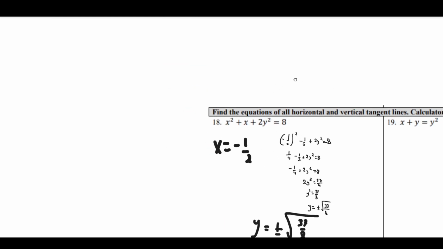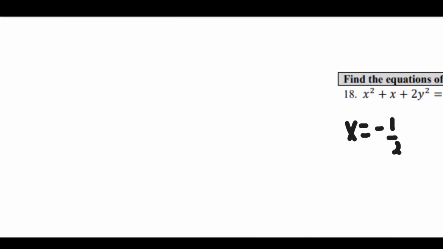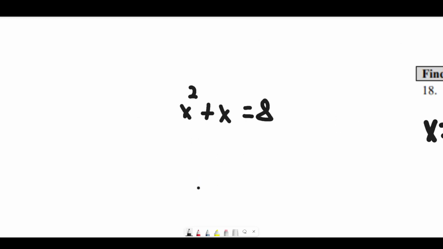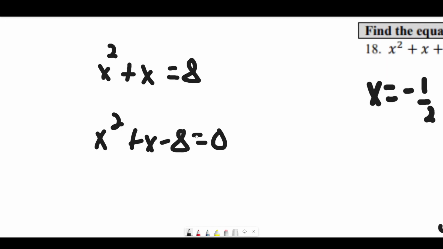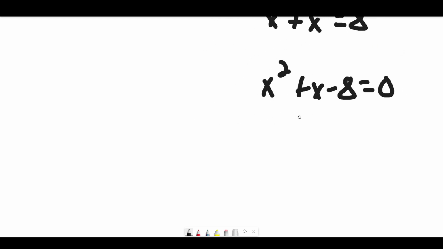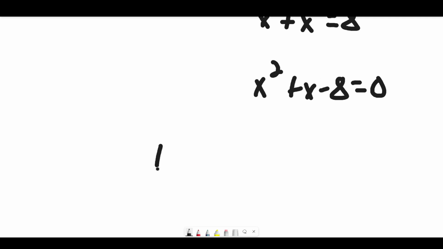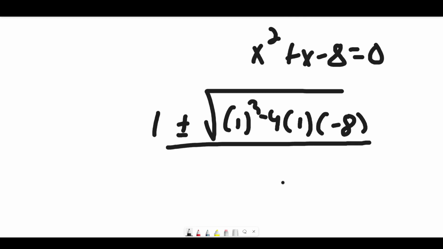So when we do that, all we're going to do is replace y with 0 and solve for x. So I'm going to do that off the side over here. I wrote my equation down, and I'm just going to subtract 8 from the left side. And this isn't factorable, so I'm going to have to use the quadratic formula. If you forgot your quadratic formula, it's just negative b plus or minus the square root of b squared minus 4ac, all over 2a. So this is going to be 1 plus or minus the square root of 1 squared minus 4 times 1 times negative 8, all over 2.